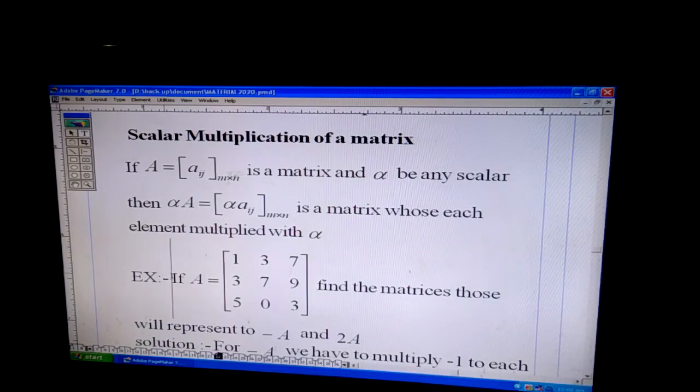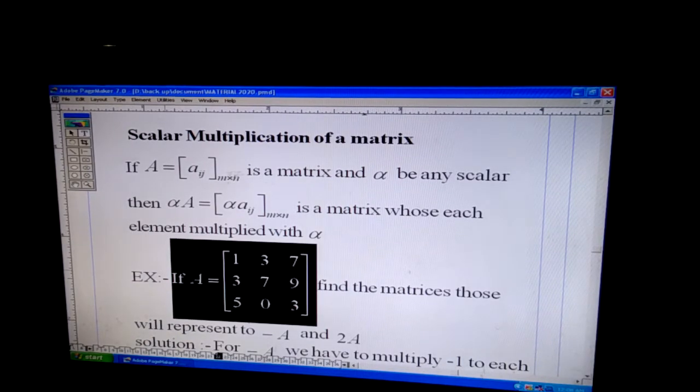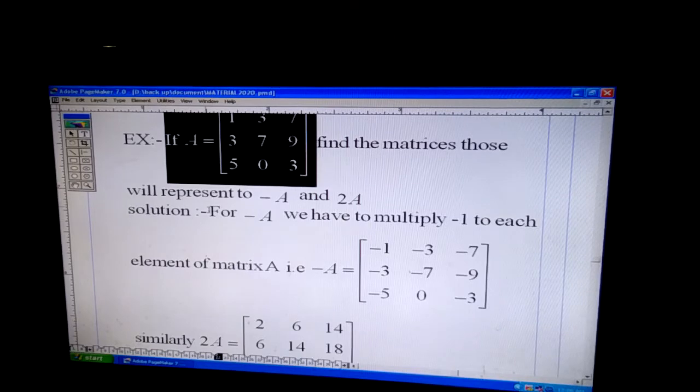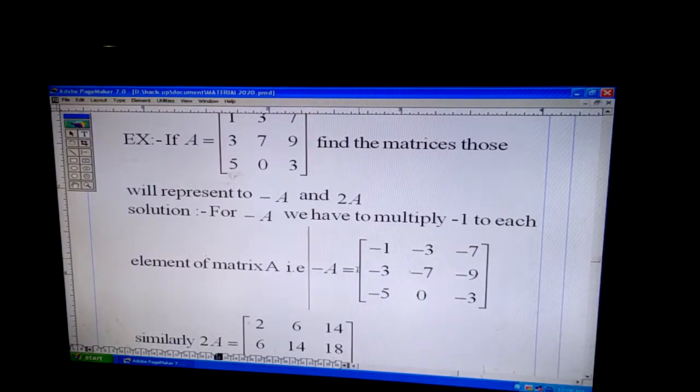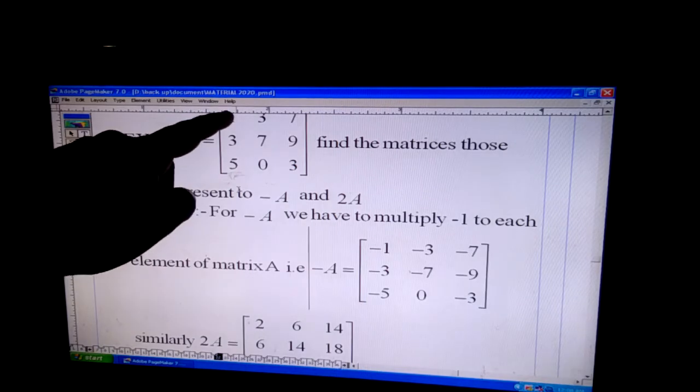If I take one example, A equal to 1, 3, 7, 3, 7, 9, 5, 0, 3. Find the matrix that represents minus A. Minus A means you have to multiply all elements of the matrix by minus 1.